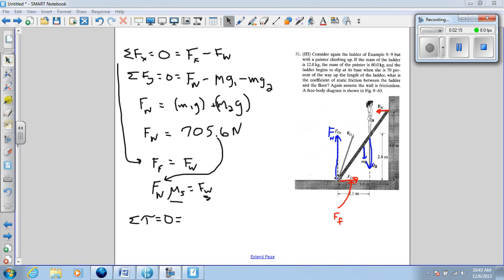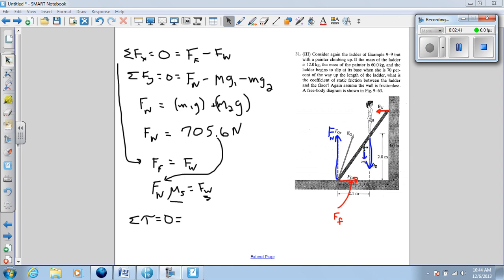About this axis, imagine the ladder can rotate this way or this way. These are counterclockwise torques, and these are clockwise torques. The force generating counterclockwise torque is the force of the wall, minus these two weights clockwise. This torque must be equal and opposite to that torque to keep the whole thing in static equilibrium.